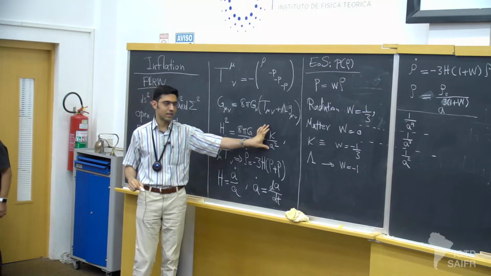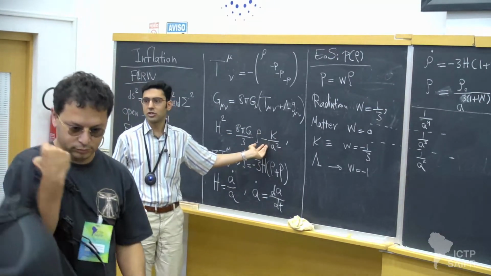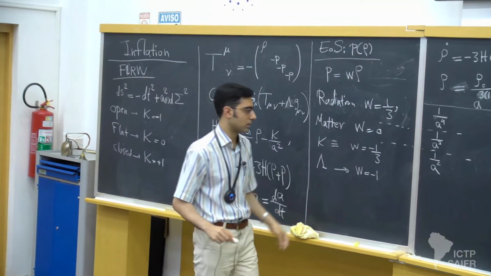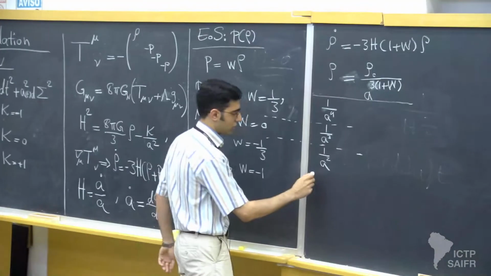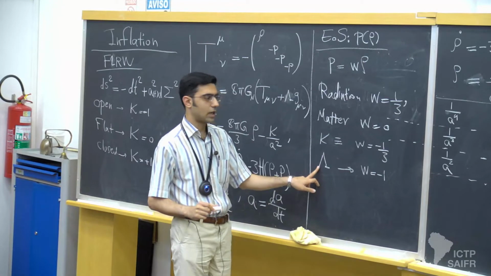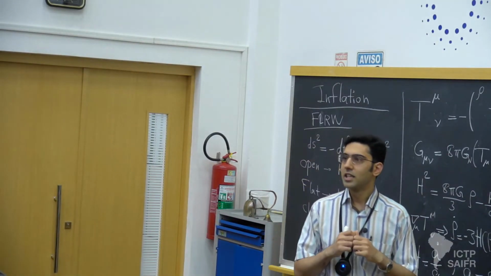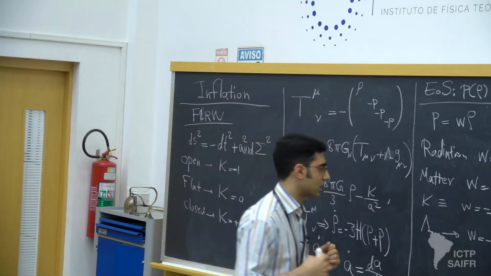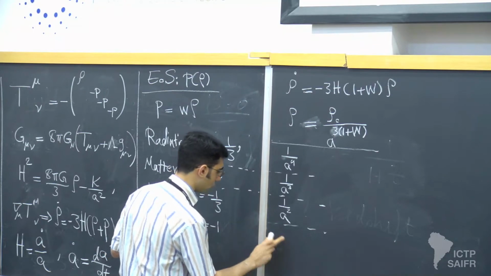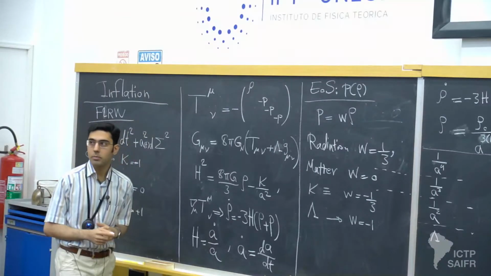That's why we can interpret this as some contribution to the energy density and momentum with this W, because its contribution will be proportional to 1 over a squared. And then if we consider lambda, lambda is constant. Its energy density doesn't dilute with time, doesn't decrease. Here we get just rho constant, independent of a.